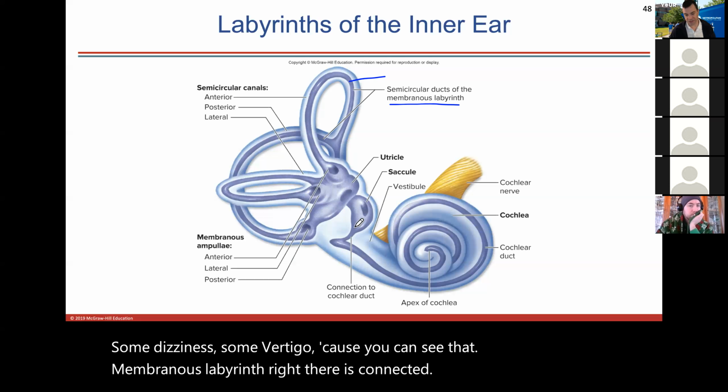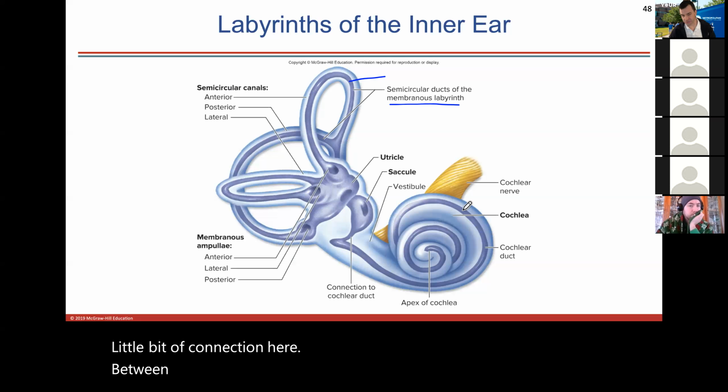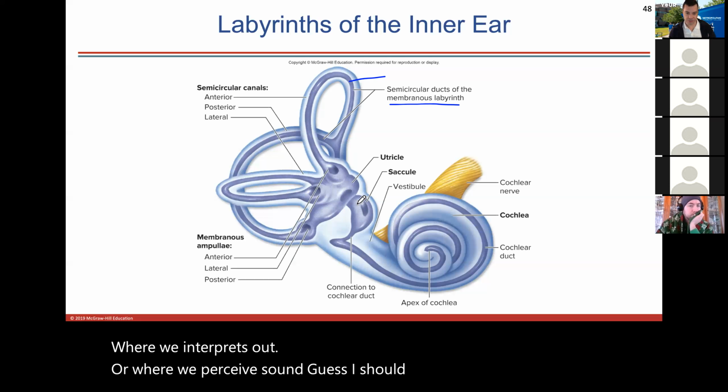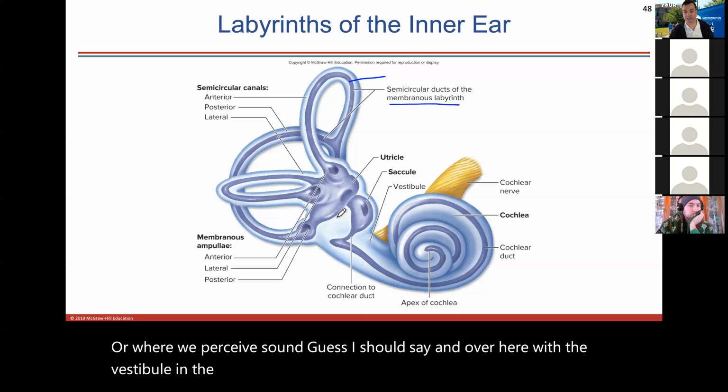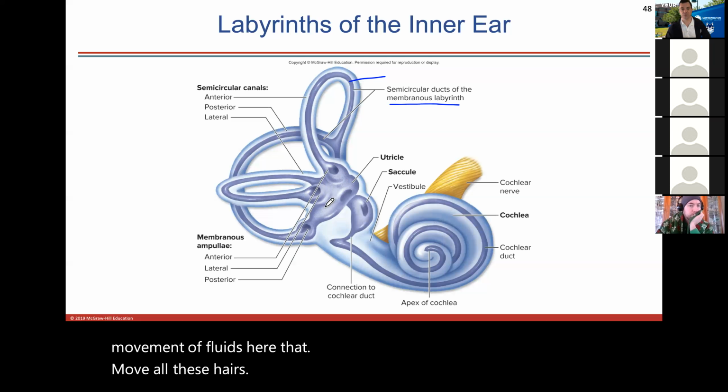A little bit of connection here between the cochlear duct, where we perceive sound, I guess I should say, and over here with the vestibule and the semicircular canals. So really loud sounds can cause movement of fluids here that move all these hairs. So there's a lot of cool things going on in here.